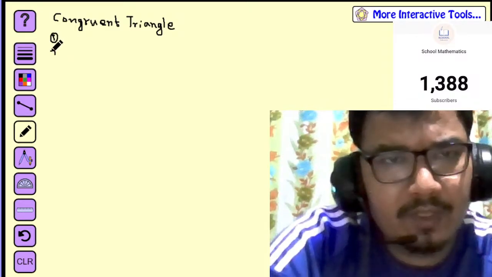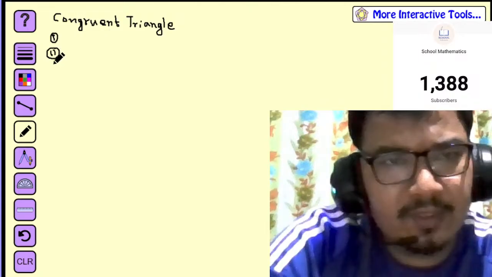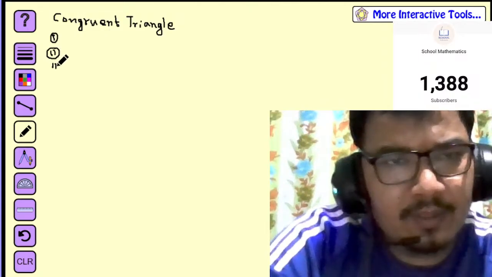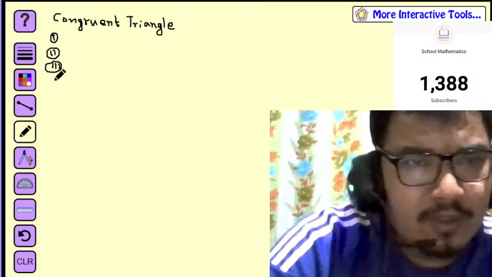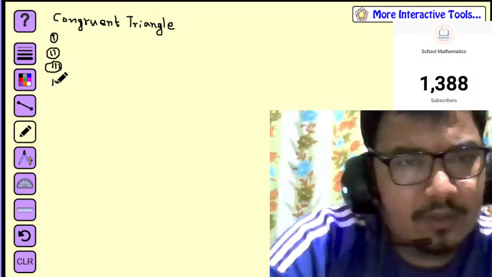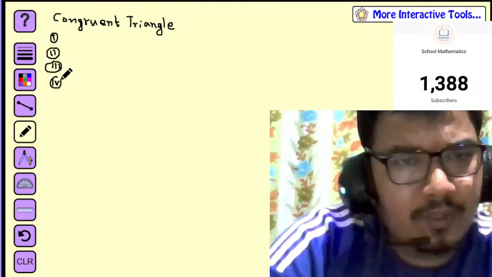There are altogether five conditions, or we can call them five axioms also. If any two triangles satisfy these five conditions, those two triangles will be called congruent triangles.